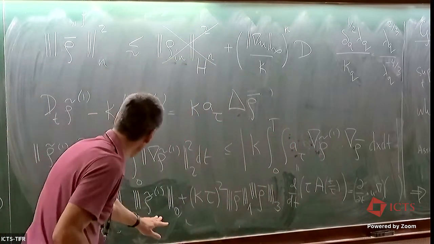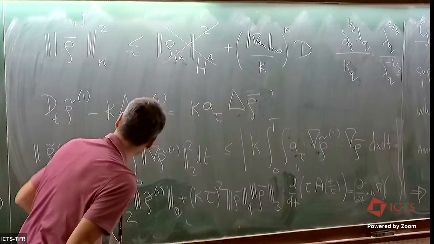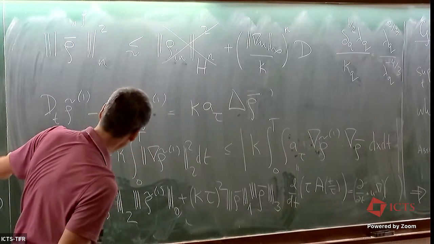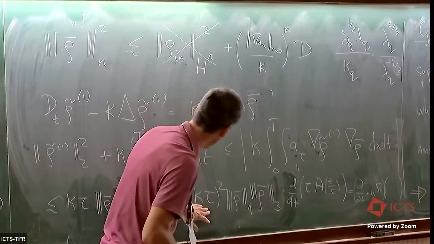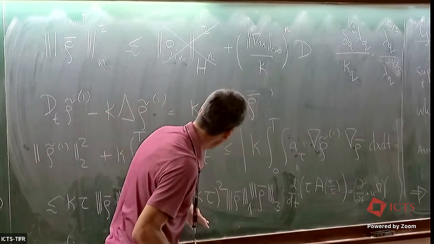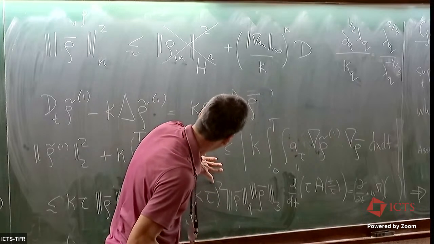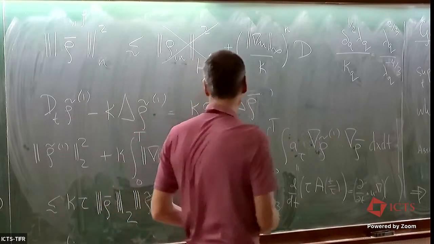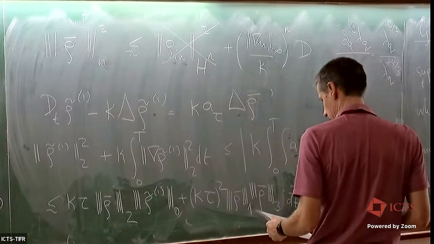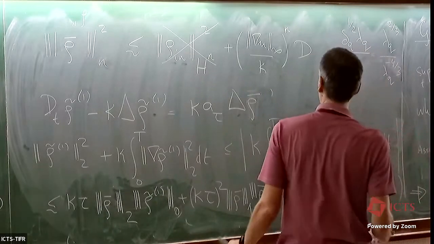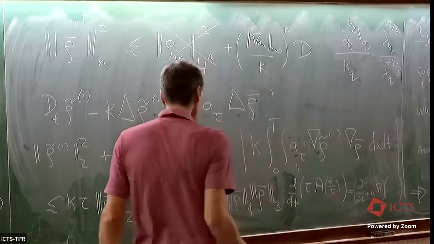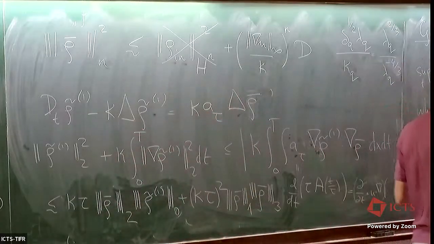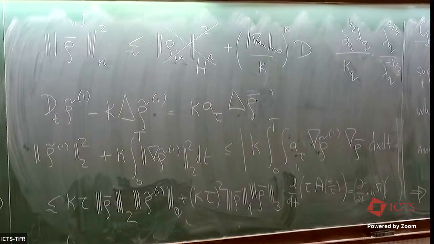Okay, and on this one, I use Young to absorb this on the left-hand side. Okay, and then you see you have again a term of this type where you have this kappa tau squared. And we have this squared as a loss because we have more derivatives. Okay, maybe I stop here now and continue tomorrow a little bit just to see what is the pattern.